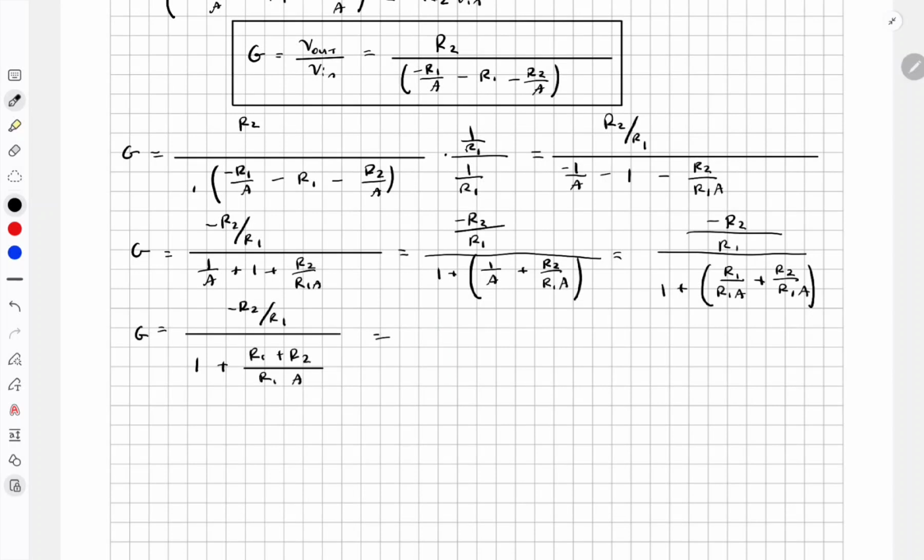Let's do just a little bit more massaging of this algebraic equation. Can you see that it becomes r1 over r1 is 1 plus r2 over r1. I'm just dividing by this r1, moving the r1 to the top. We're just doing this plus this, but we distribute this negative r1.